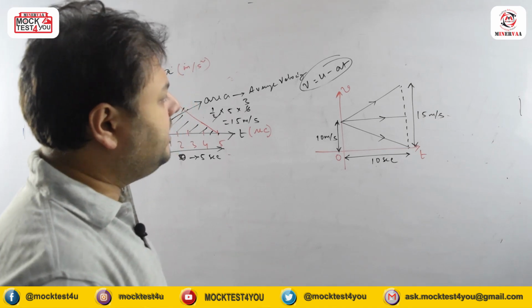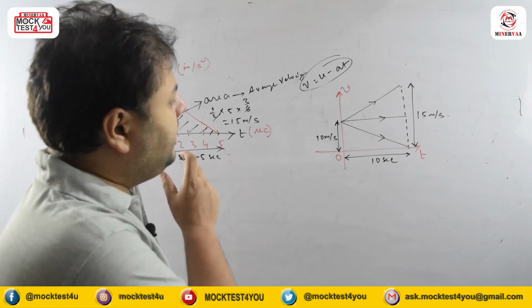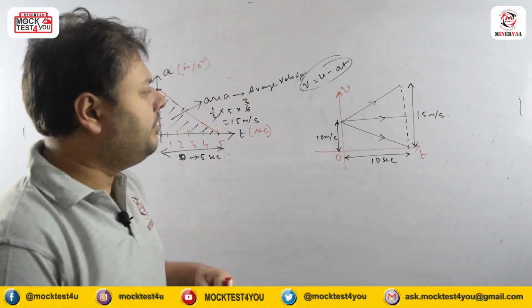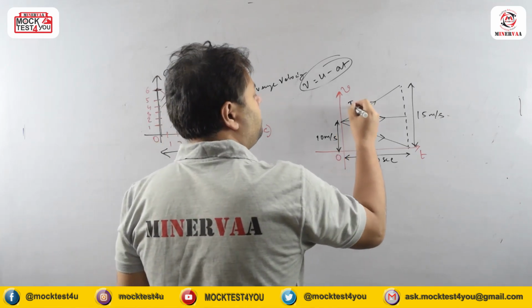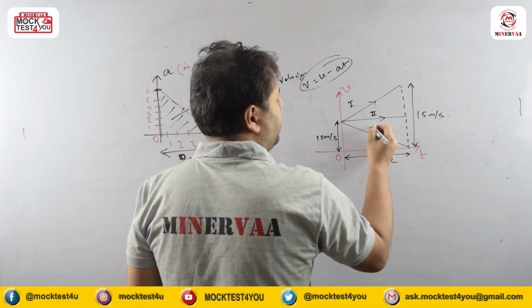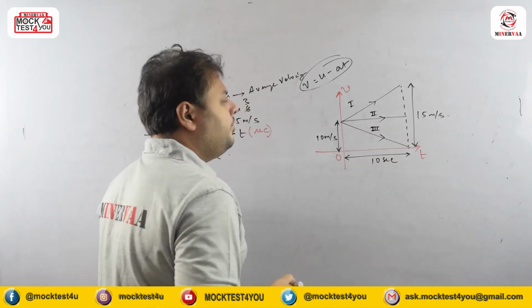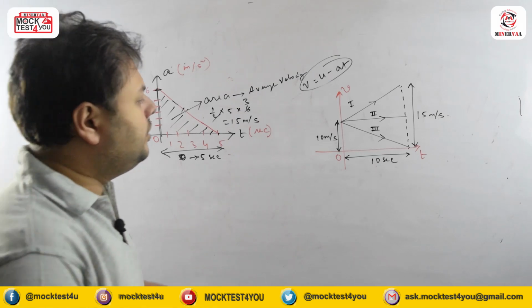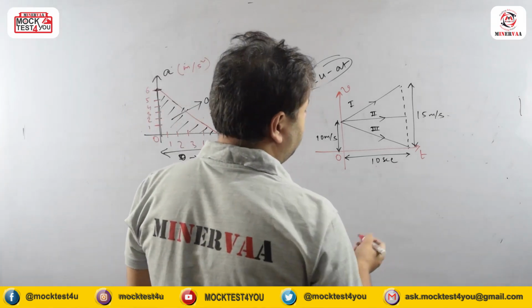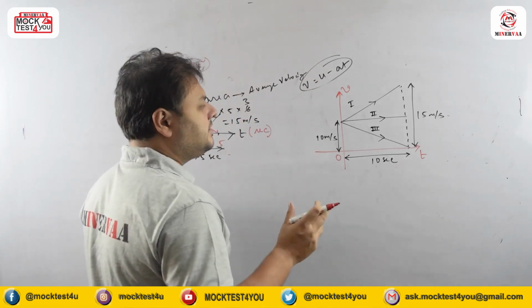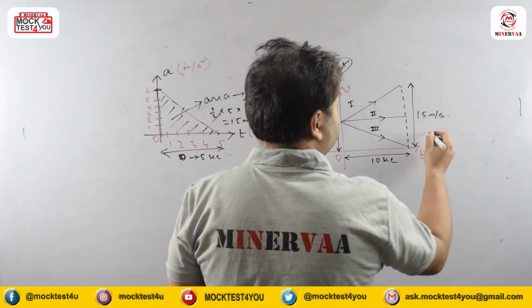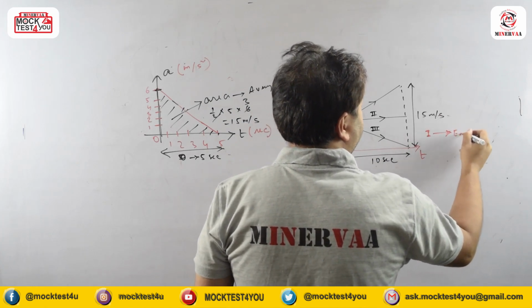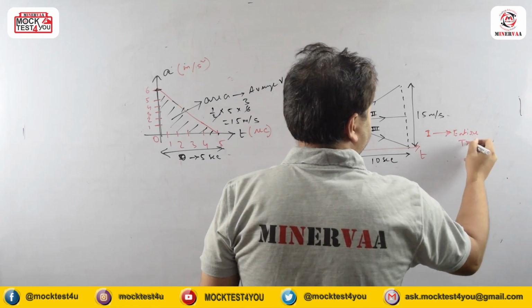So what we need to find out here is the ratio of the distances these three particles have traveled: particle 1, particle 2 and particle 3. If I think about the distance covered by the first particle, the entire trapezium is the distance.